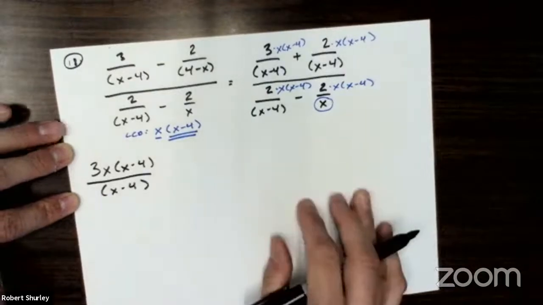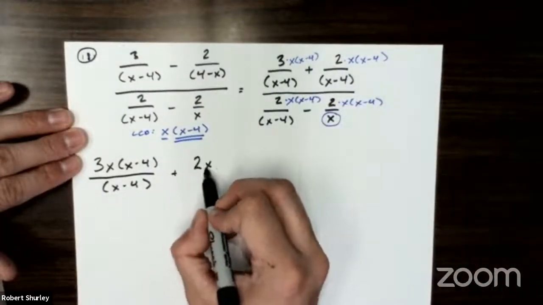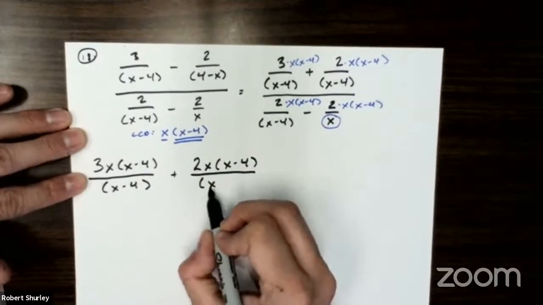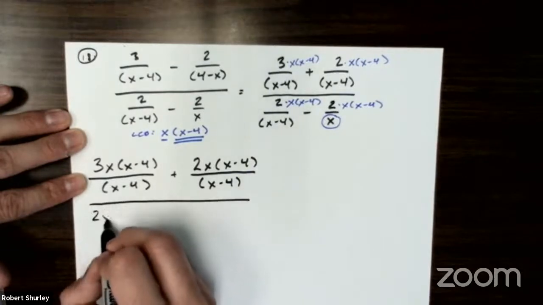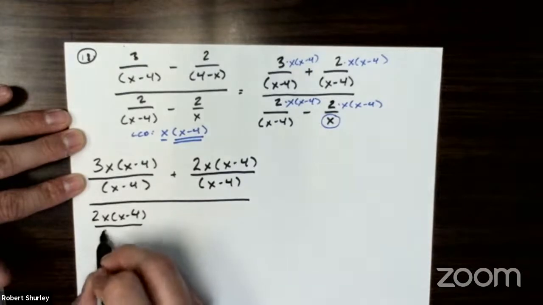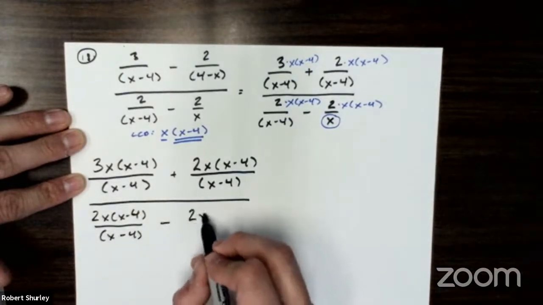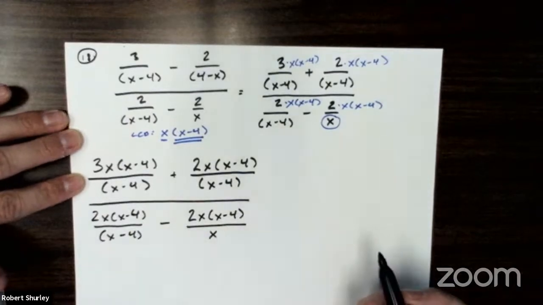That's the first fraction, right? Plus 2x over x minus 4, divided by x minus 4 over 2x times x minus 4 over x minus 4, minus 2x times x minus 4 over x.